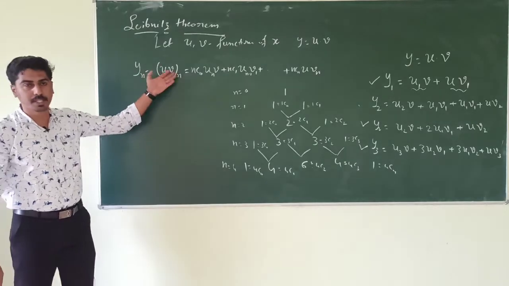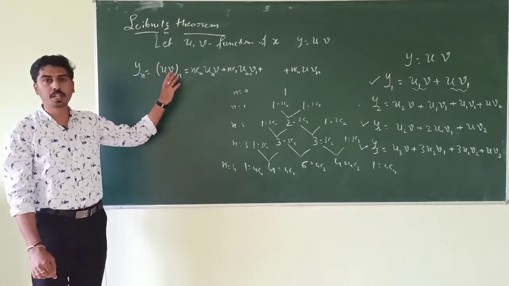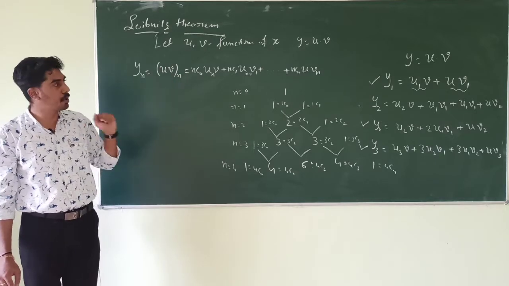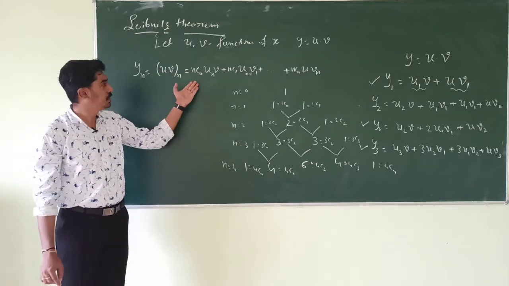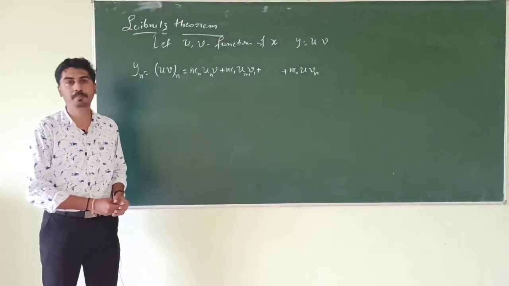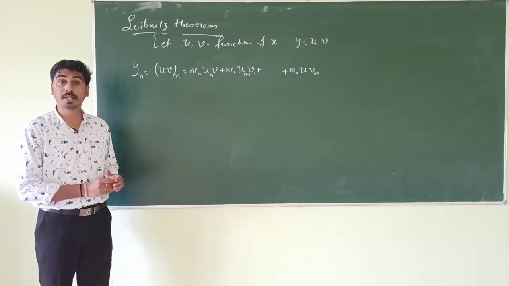So this is the statement. For functions of x, u and v, the nth derivative of the product uv is given by this relation. Now let us prove this theorem using mathematical induction.